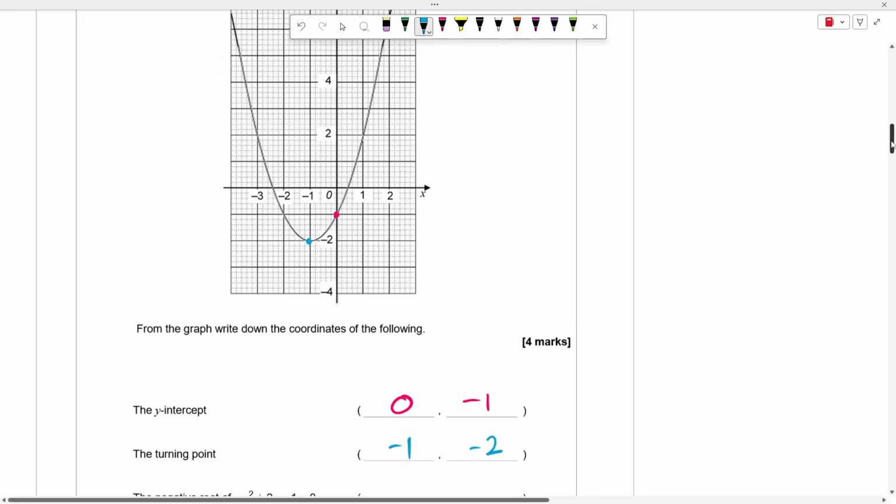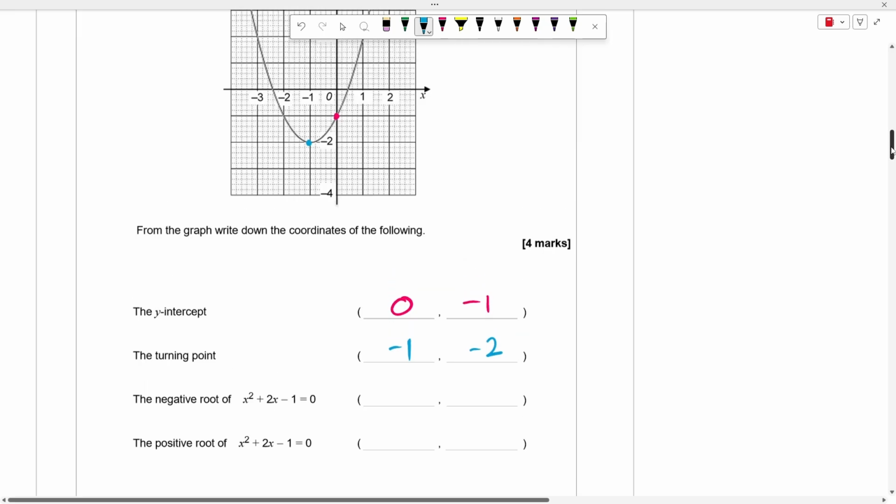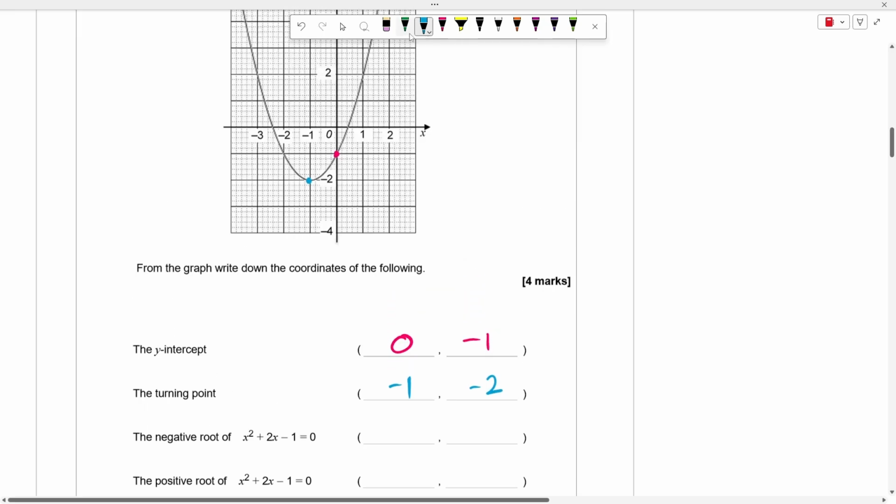Then the negative root is where the curve crosses the x-axis, so that's at that point there. I need to give the coordinate for that, so I'm going to say that's roughly minus 2.4 and 0. And the positive root, which is this value here, I'm going to say is positive 0.4 and 0.